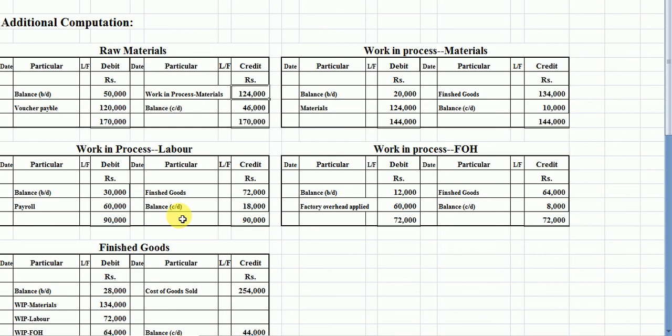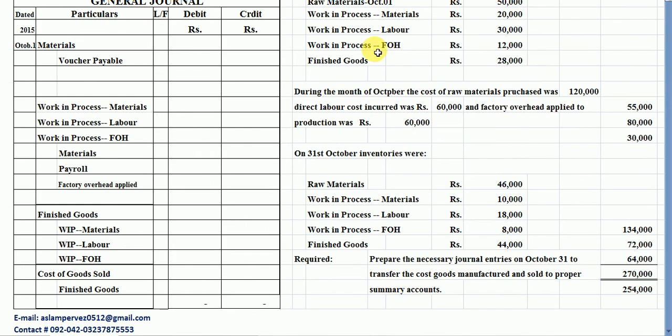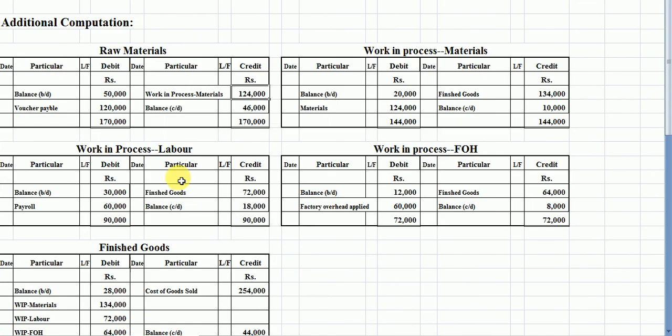Now students, in work in process labor, the opening inventory is 30,000 rupees and the closing inventory is 80,000 rupees. Now we will move to the main slide in ledgers. Opening inventory is 30,000 rupees and ending inventory is 80,000 rupees.